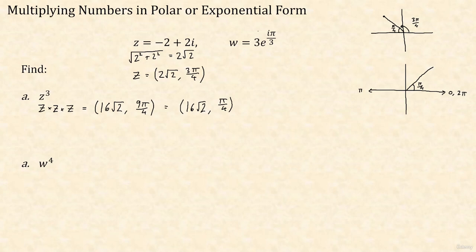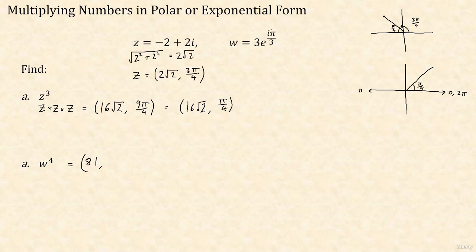How about this? I've got this number here, w, it's 3e to the i pi over 3. So if I work out w to the power 4, and that's w times w times w times w, I need to apply that to the 3 here. So 3 to the power of 4 is 81. And then the argument, well, I need to add that to itself 4 times.